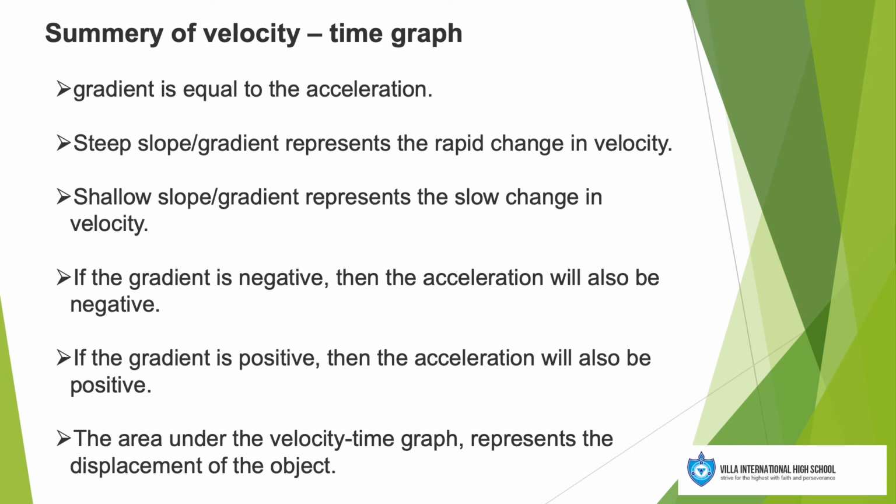There will be different shapes you can see, sometimes a triangle. So from the area of the triangle, you can find the displacement. So the area under the velocity time graph is displacement. Please remember that. These are the important points you have to remember about the graphs.